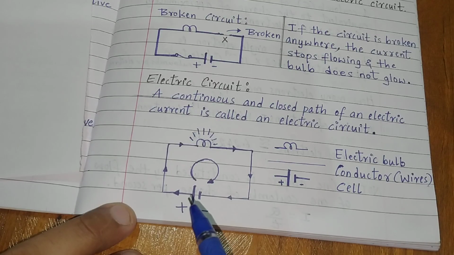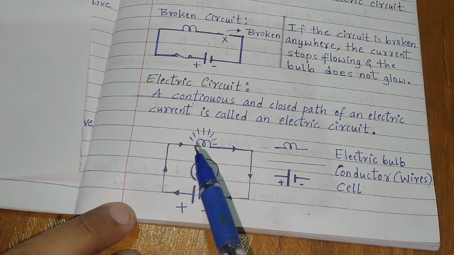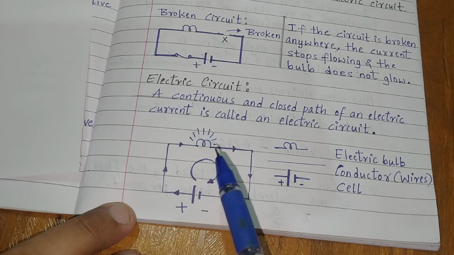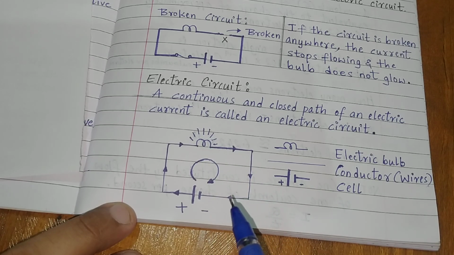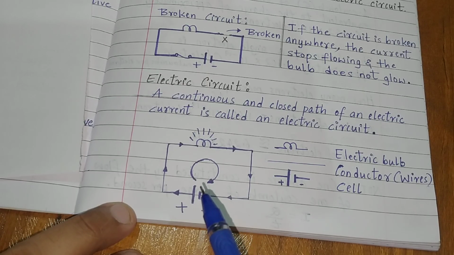See here, a conventional current is flowing from the positive terminal of a battery through an electric lamp in a conducting path towards the negative terminal of the battery. So it is a continuous closed path.